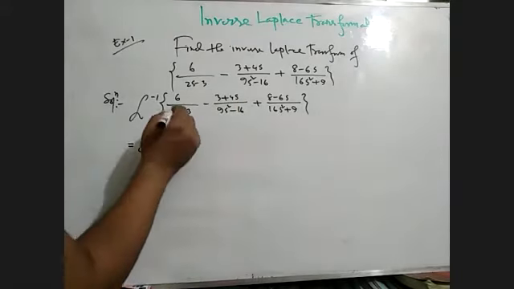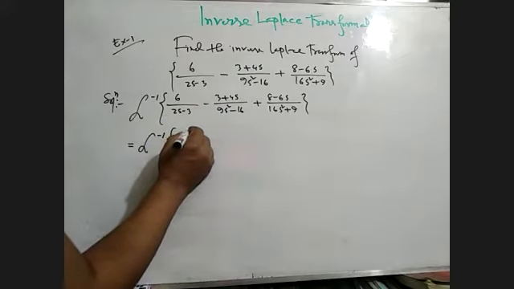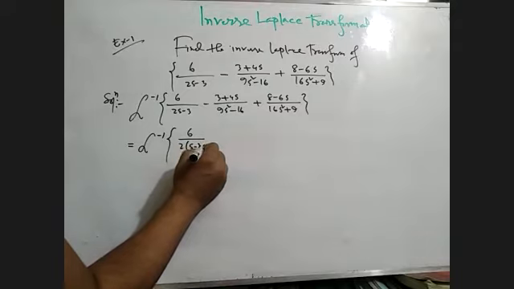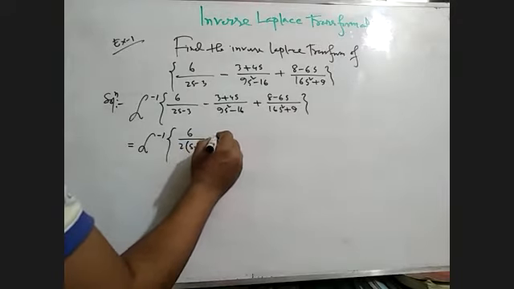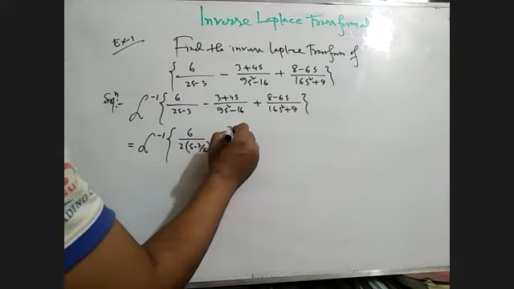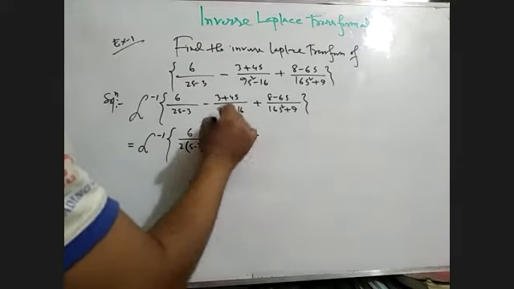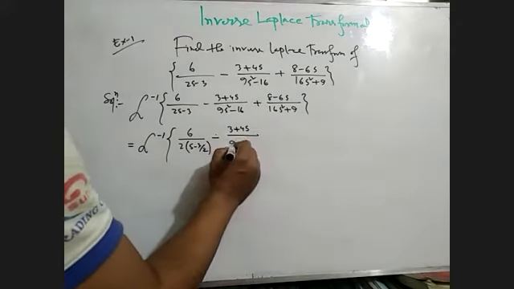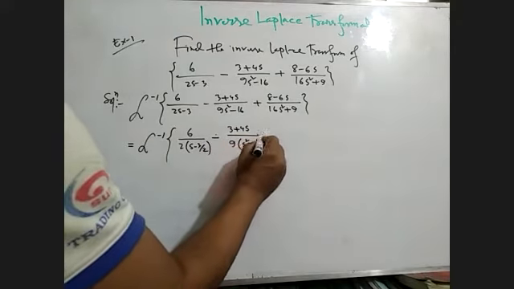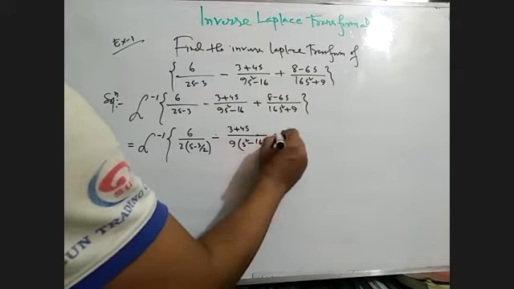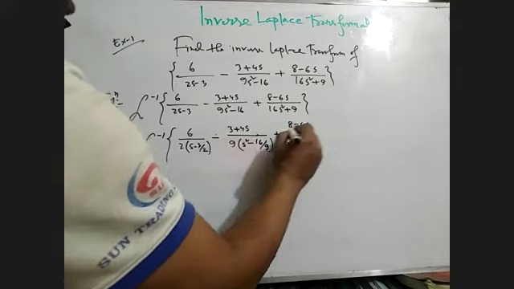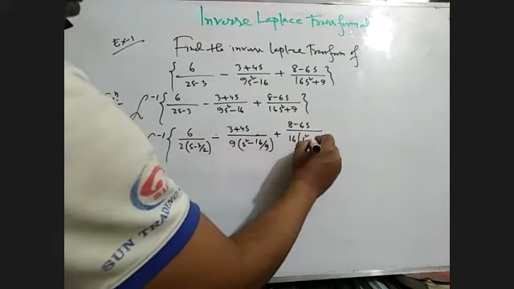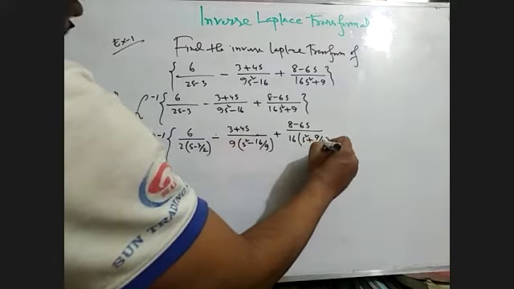So we can write 6 divided by 2 common, s minus 3 by 2, minus 3 plus 4s divided by 9 common, s square minus 16 by 9, plus 8 minus 6s divided by 16 common, s square plus 9 by 16.